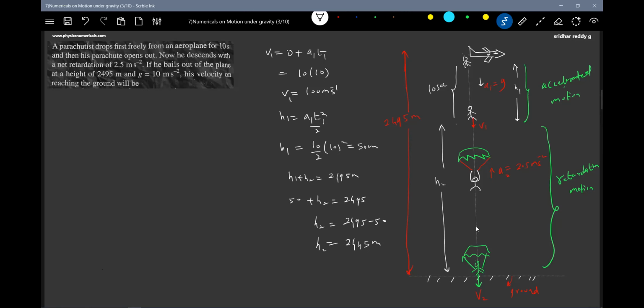Can we calculate V2 now? V2 square equals V1 square minus 2 a2 H2, that is minus 2 into 2.5 into H2, which is 2445. Oh, lengthy calculation.